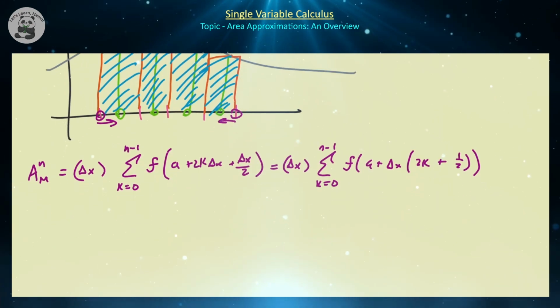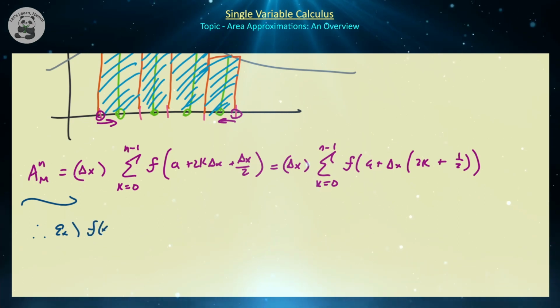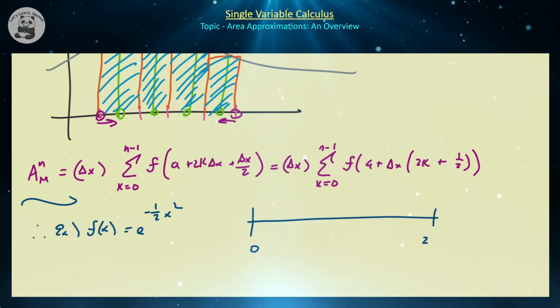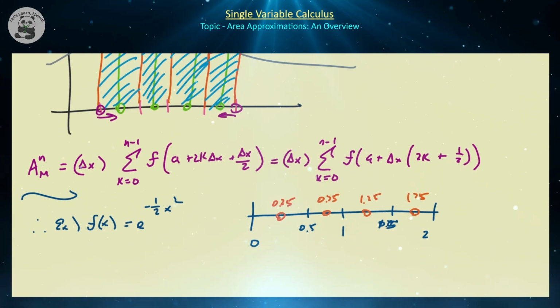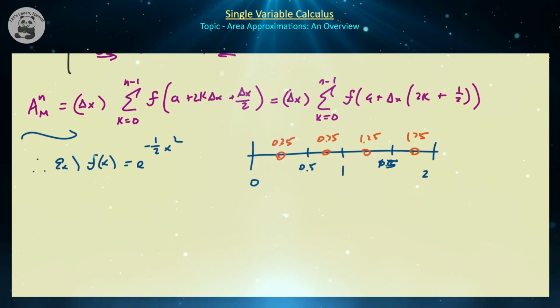So if we think about this from the same exact example that we have, in particular f of x equals e to the minus 1/2 x squared, with 4 decimal points, from 0 to 2, with subintervals 0, 0.5, 1, 1.5. Our midpoints are going to be located at 0.25, 0.75, 1.25, and 1.75. So those are the points that are going to be projecting to the heights for our particular curve.